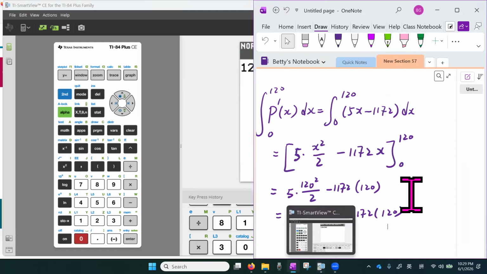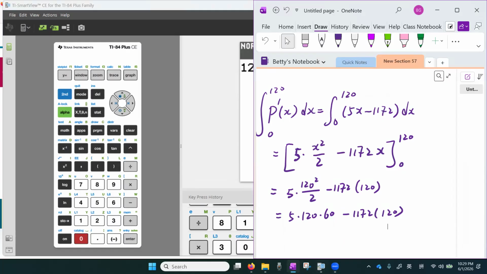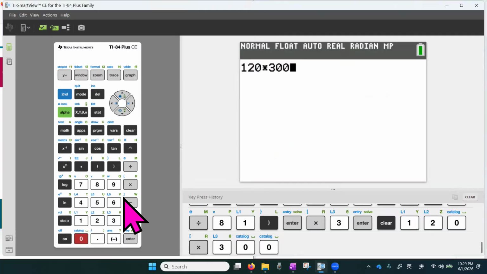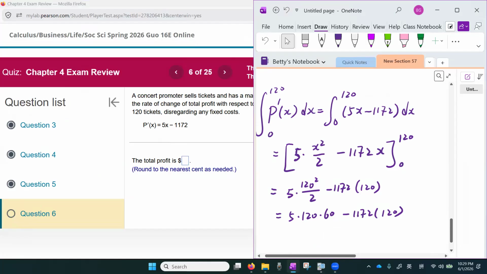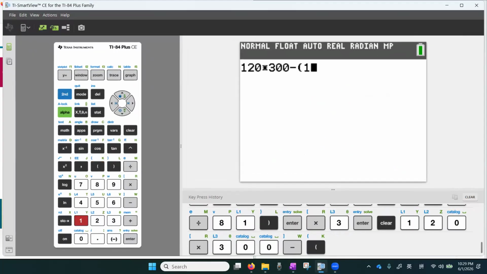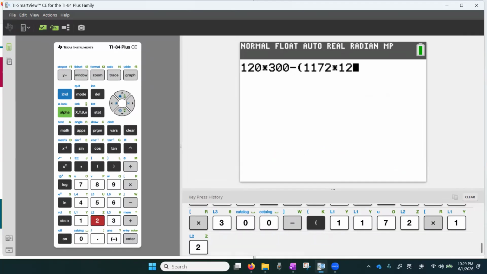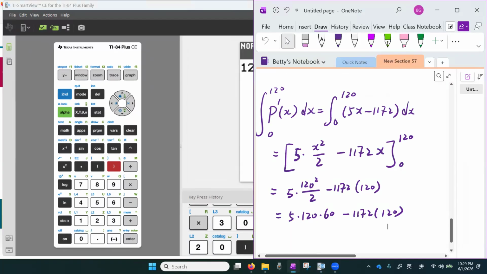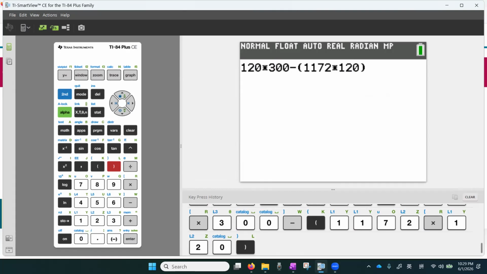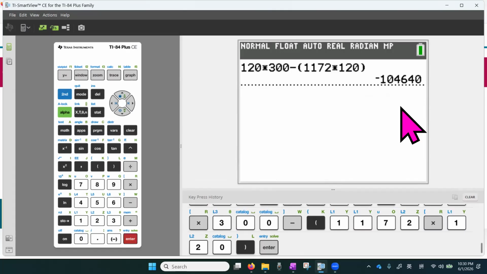So 120 times 300 minus parentheses 1172 times 120. Okay. Negative 104,640.